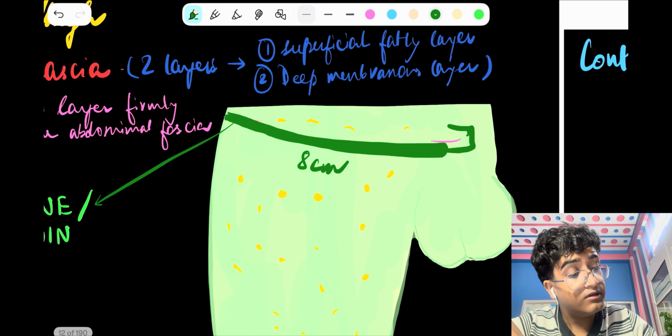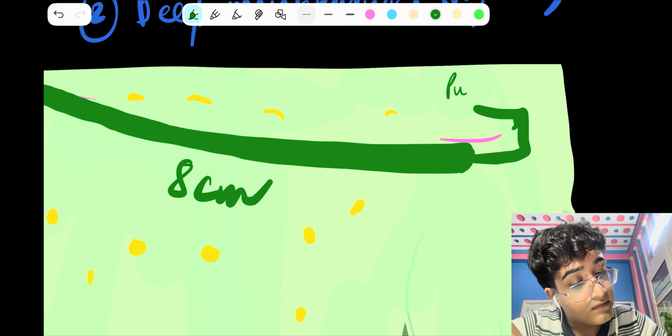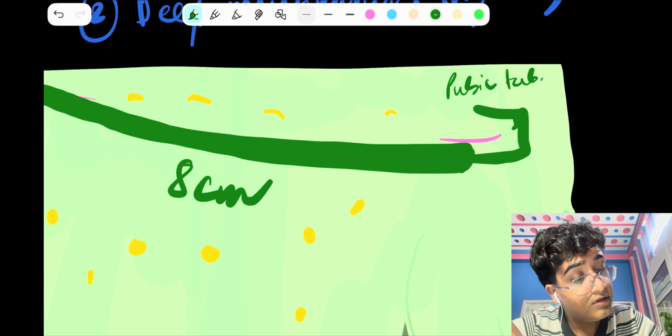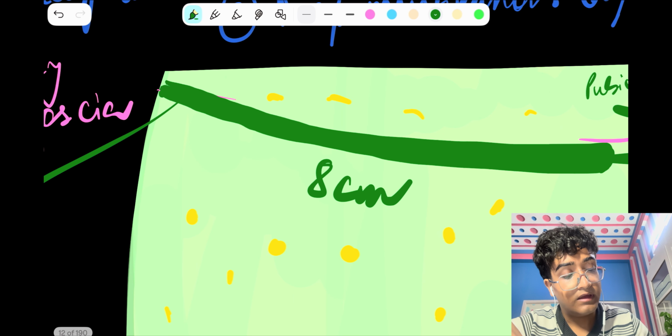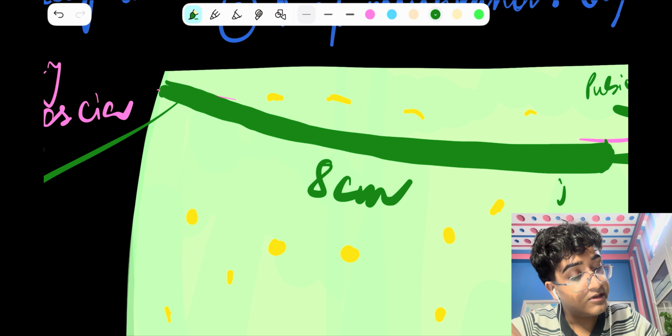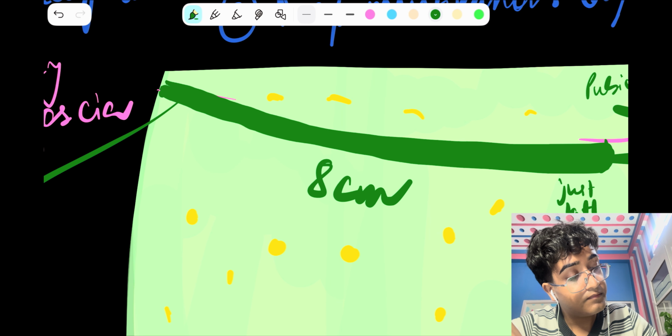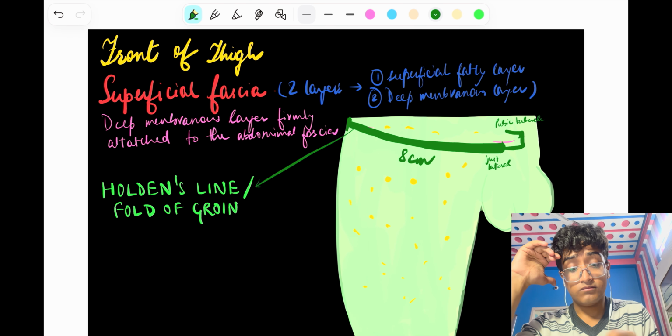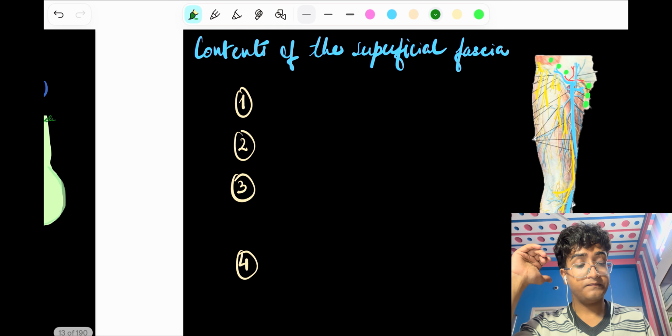This is the pubic tubercle. And it ends here in the lateral aspect of the thigh. So we are done with the superficial fascia.